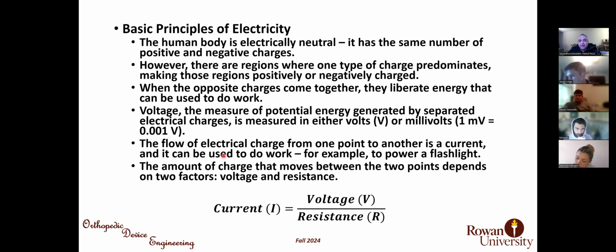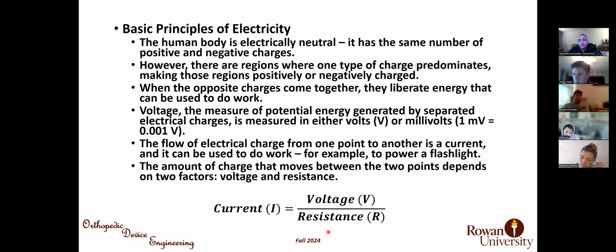You are familiar with electronics, and in electronics, when we have a difference in the charges at 2 points, a current will be created between them. The difference in charges is called voltage, is measured by voltage, and the flow of charges, which is called current, is calculated by dividing the voltage by resistance between 2 points.